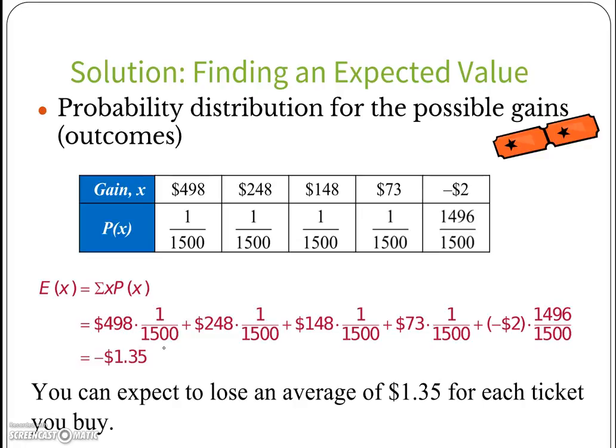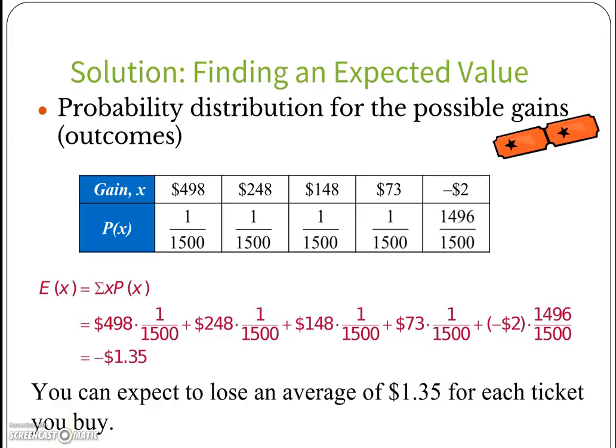So what that means is, on average, you would expect to lose $1.35 for each ticket you buy. Now, what's going to happen is either you are going to win or you're going to lose, but on average, it's an expected loss. See how it's negative? It's a loss of $1.35.